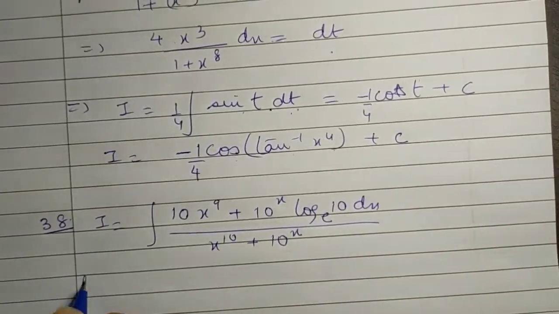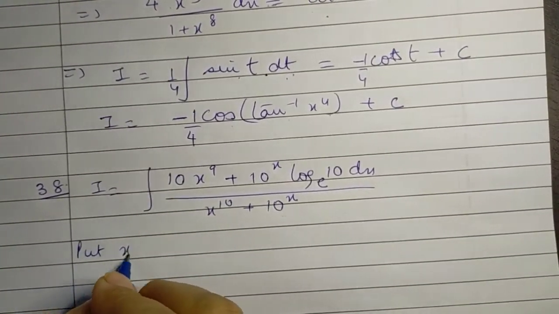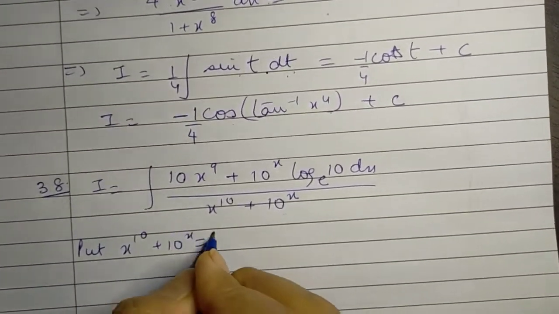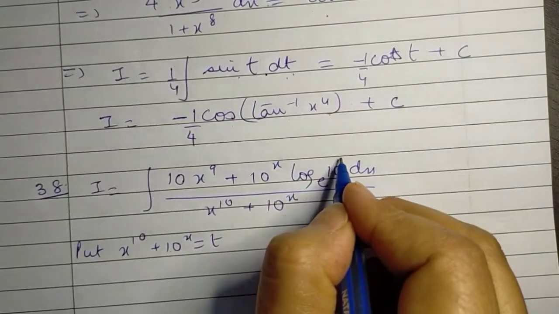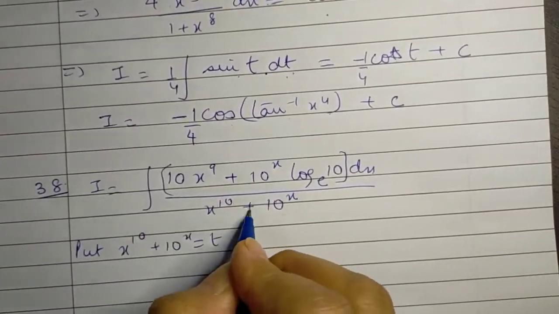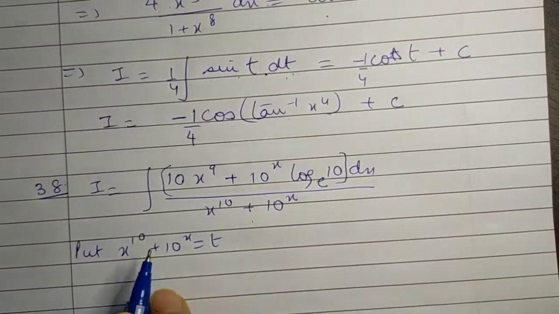Put x raised to 10 plus 10 raised to x as t. The numerator is nothing but the derivative of the denominator.